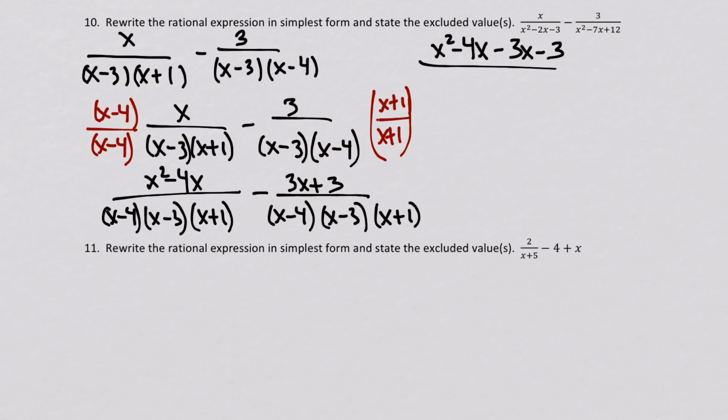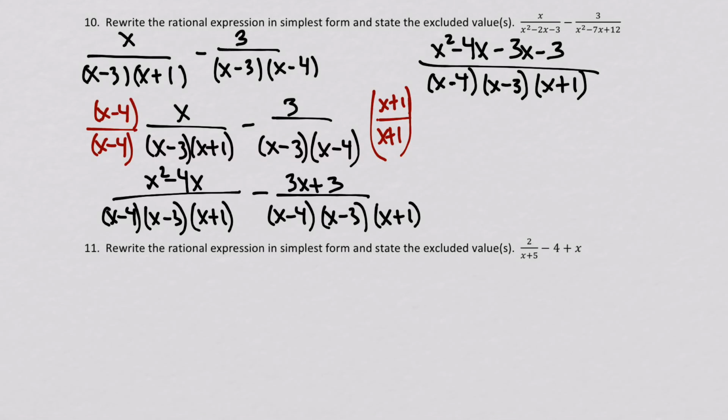The denominator is basically our denominator that we want, x minus 4 times x minus 3 times x plus 1. Now combine like terms in the numerator.